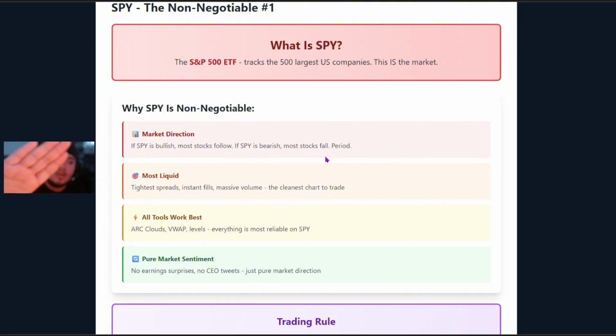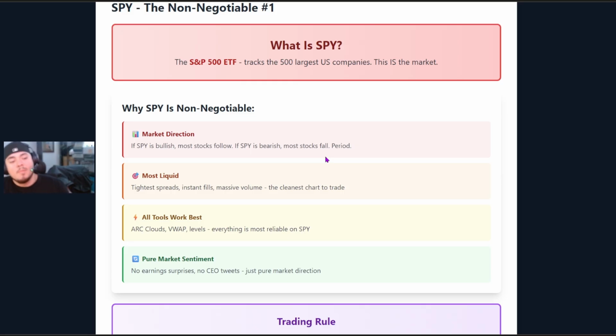If you're going to be looking for correlation, this is going to help you trade those individual stocks and have more confidence. When you're not trading SPY, you still can use SPY to your advantage. The second reason why it's a non-negotiable is that it has the most liquidity, tightest spreads, instant fills, massive volume, and the cleanest chart to trade.